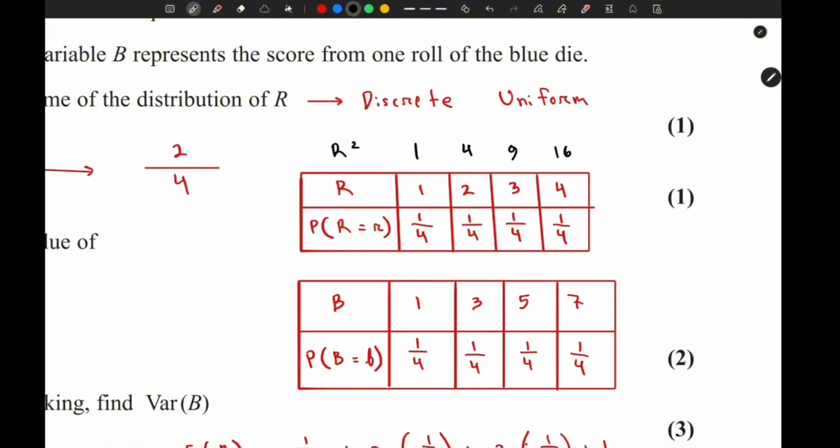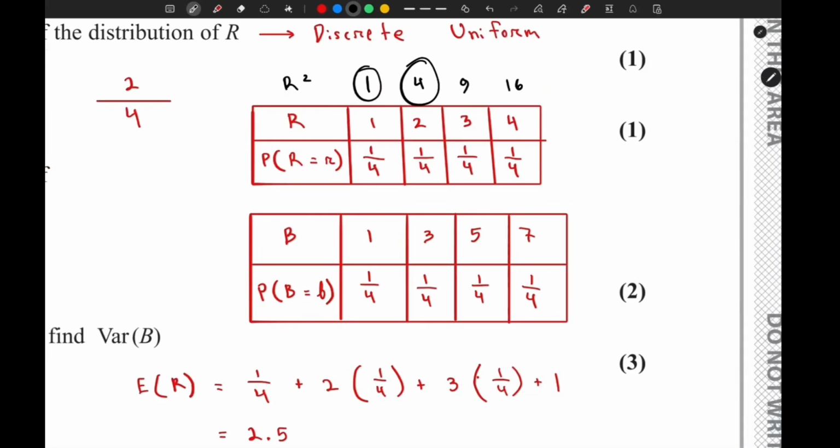If R squared is 1, the value of B must be greater than that. As you can see, there are no values of B greater than R squared equals 1. And if R squared is 4, there is a value of B which is greater than 4, which is 5.